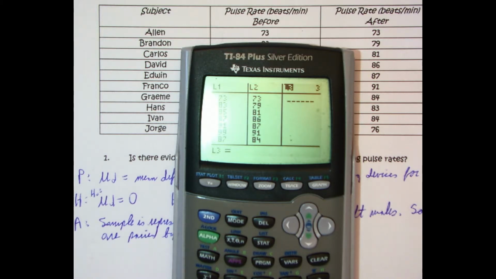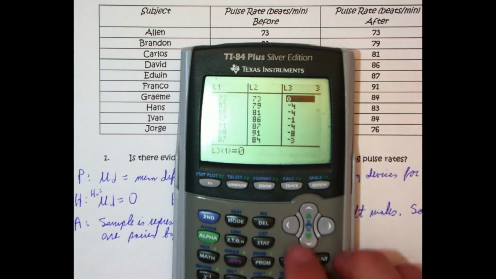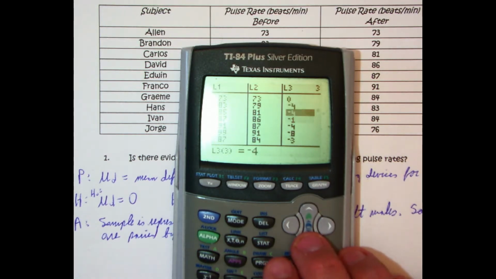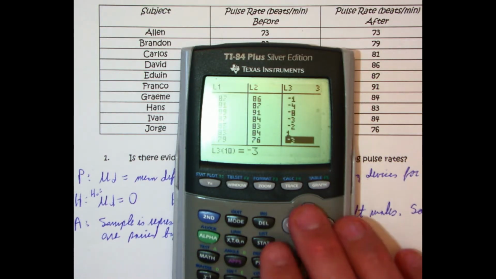Okay, so that would be the change that you'd want to see. You're always going to do this in paired data: the after, which is L2 minus L1. And there you go. Okay, so that's the list we're going to be dealing with. That's the list of the differences. So you see what happened. One person didn't change, a bunch of people went down. One person went up.